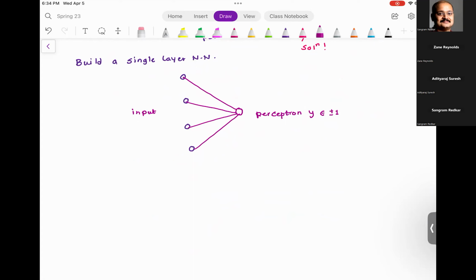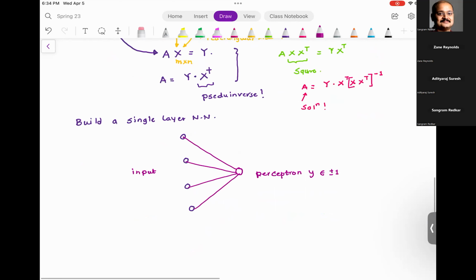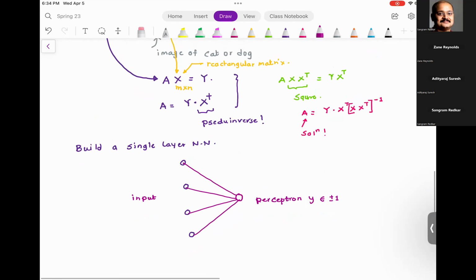And you can actually be more creative, and you can use different ways to solve this problem. You can use a least square solution, or if you want a sparse solution or an L1 solution, you can use the command called lasso.